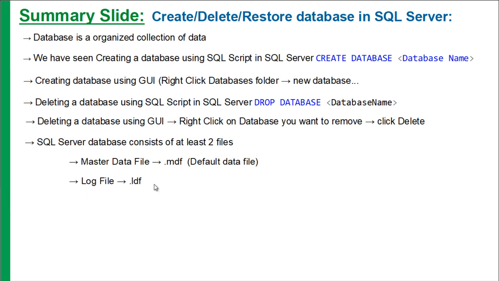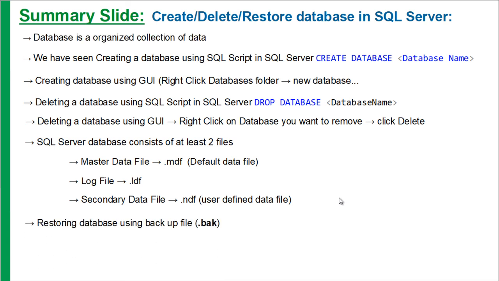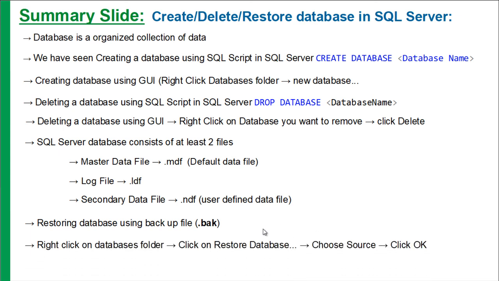The other one is log data file, that is .ldf. The next one is the secondary data file, that is .ndf, user defined data file. So to restore the database, we can use .bak file and restore to the SQL Server. Right click on the database folder and click on the restore database, choose the .bak file and click OK so that the database will be restored.